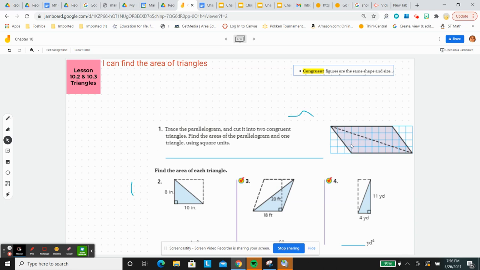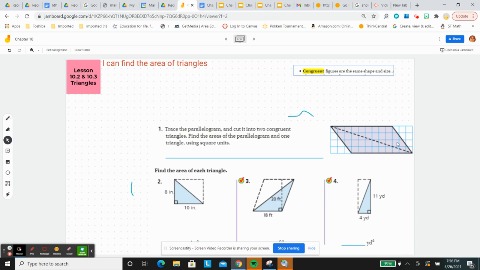If you take this piece and flip it over, it'll fit exactly on top of the other triangle, and they are congruent. So any shape that's a rectangle or a parallelogram or a rhombus or square, if you cut it in half, you have a triangle.